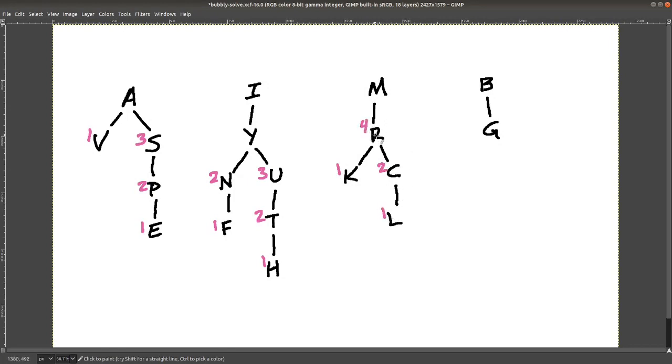It's 4. And we don't need it for this one since it's at the top. So this one we can get 0, 1, 2, 3, 4. So this one is 5. All right, so the only combined states we need are V and S and N and U.